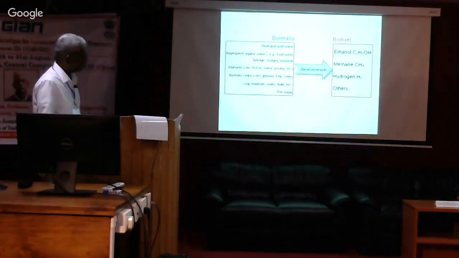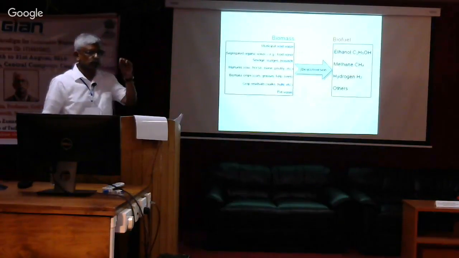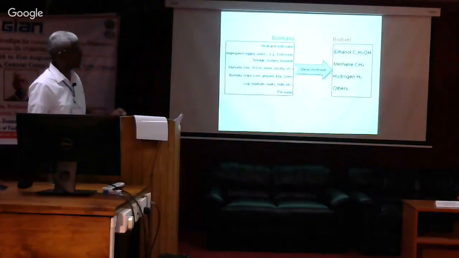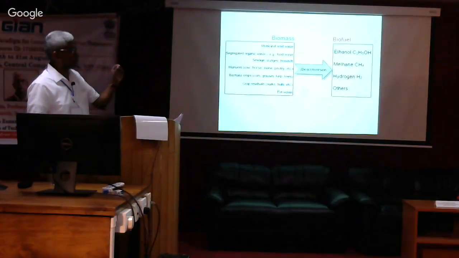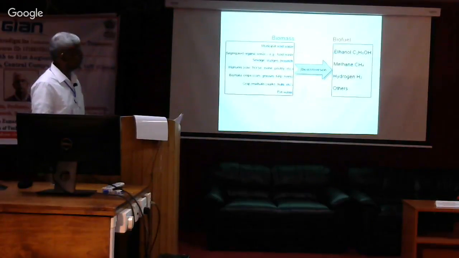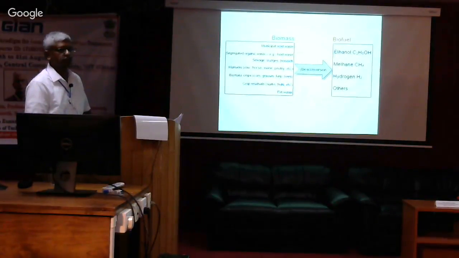But the idea is that you get, through some biologically mediated conversion, primarily methane, but in that same anaerobic digestion process, and we will go through some of the points, if you smartly manipulate these pathways, you can force the biomass to give you hydrogen instead of methane.